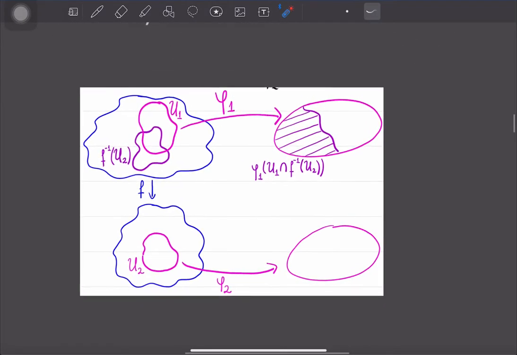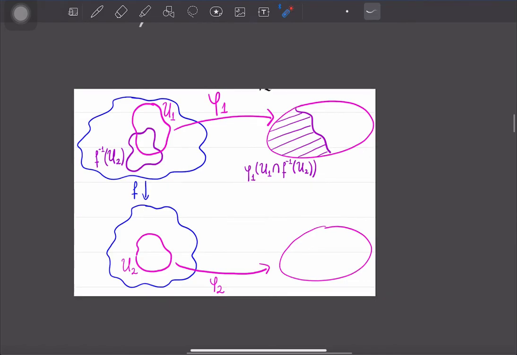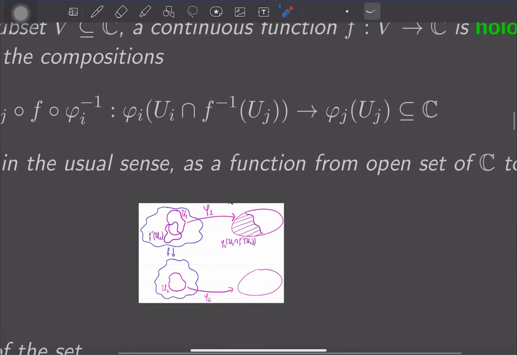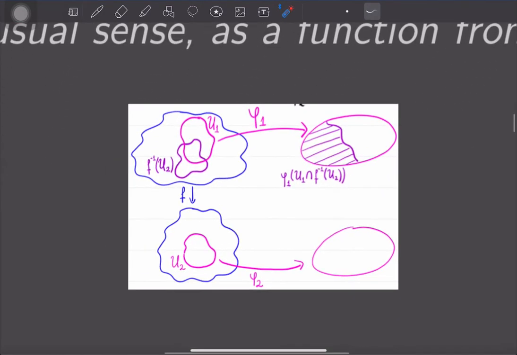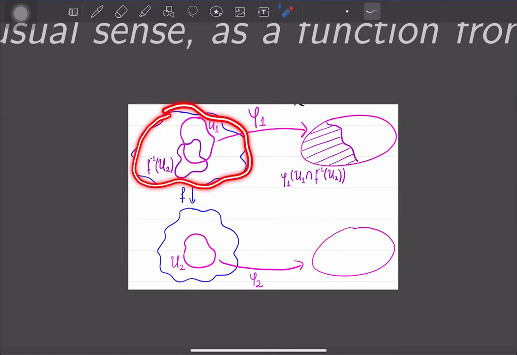Somehow the idea is that you have your subset V of C bar. It may have the point at infinity, and that's the point where one could say, I still don't know what it means to be holomorphic at the point at infinity.